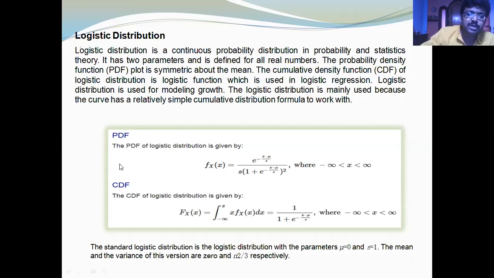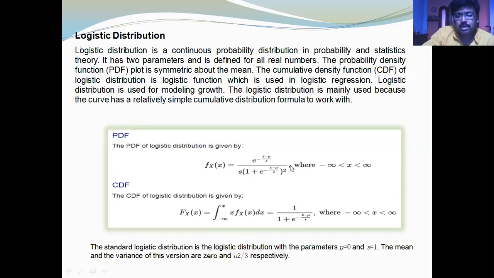Here is the PDF, the probability density function, of the logistic distribution. Here e is the Euler number, s is the scale parameter, x is the random variable, and mu is the location parameter.